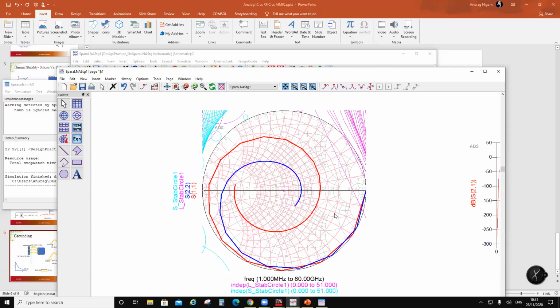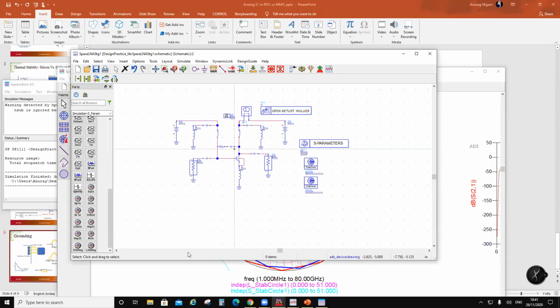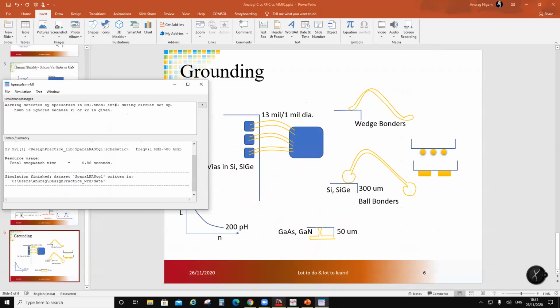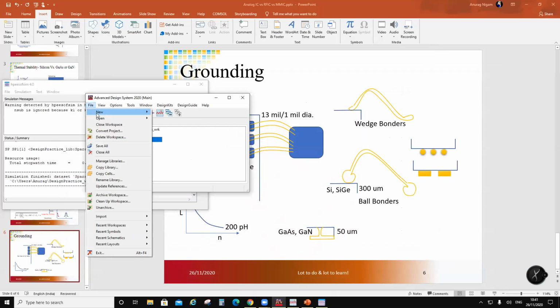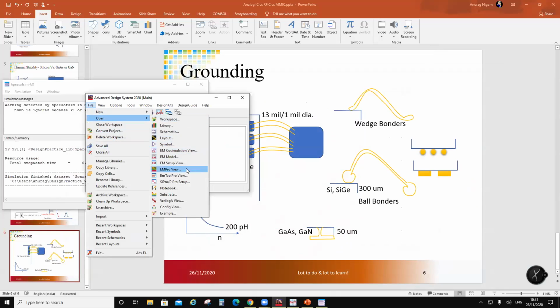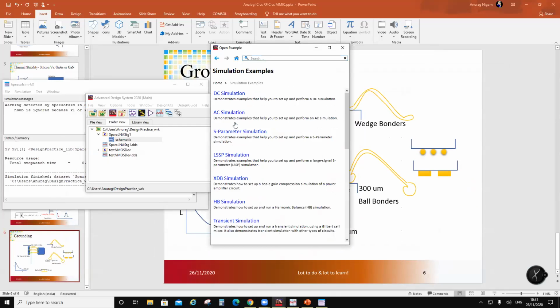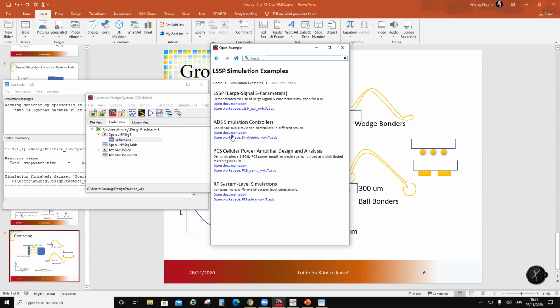Now where would you find that? Luckily, the old guys of Keysight, or rather HP, they had done it for you. For an LNA, this will not be a question. Let's go for an example. So I'm going to open an example project. I don't know, they clubbed this LLSP.